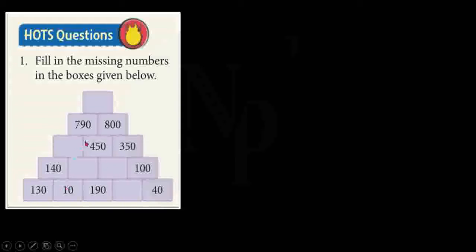Some of the boxes are filled with numbers and some other boxes are left blank. So we need to fill these blank boxes after understanding the number pattern or relationship among the numbers given here.